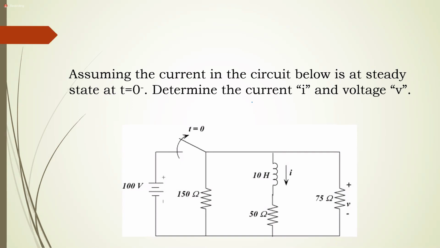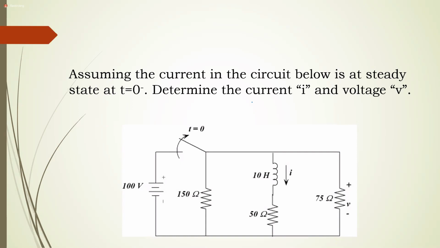Next, you can use the regular circuit analysis and find the current in the 50 ohm branch. And that current would give you what? What would it represent? Current in the inductor just before opening the switch. Which would represent what?